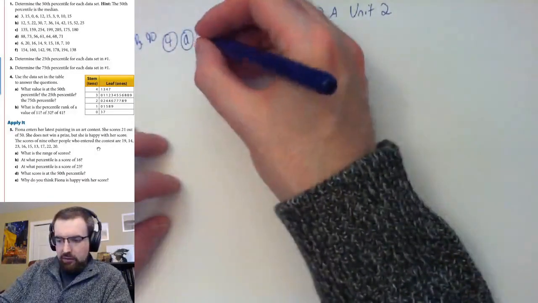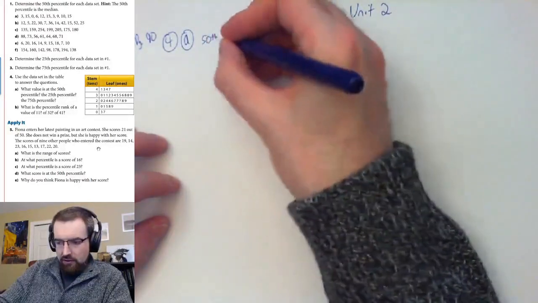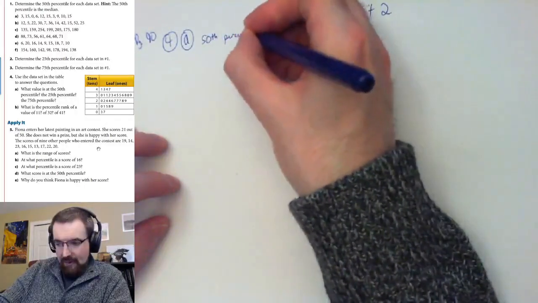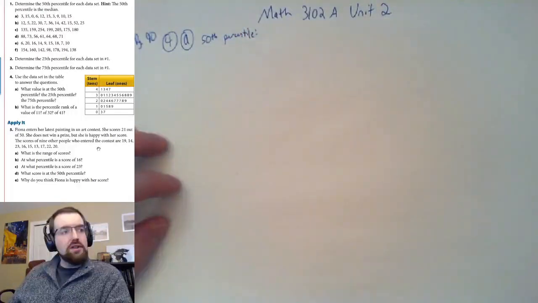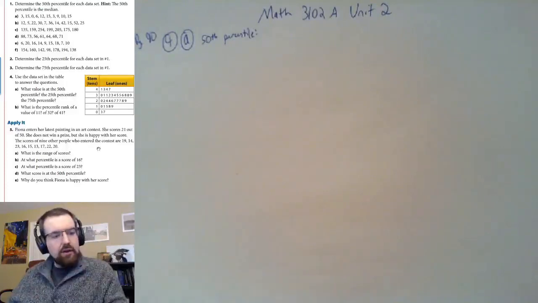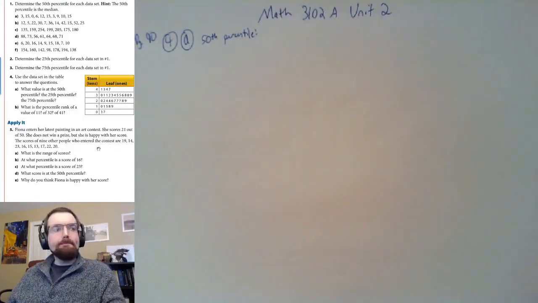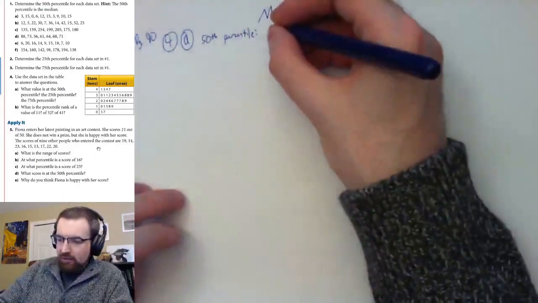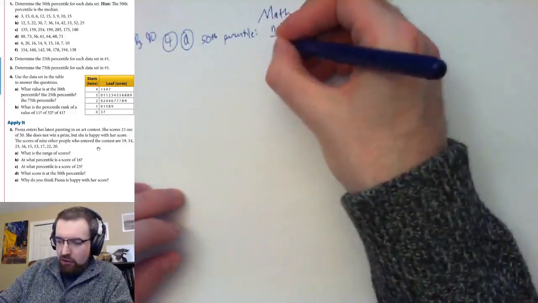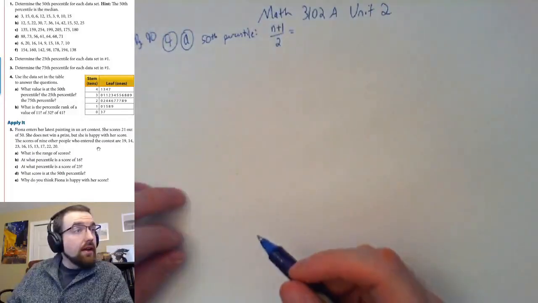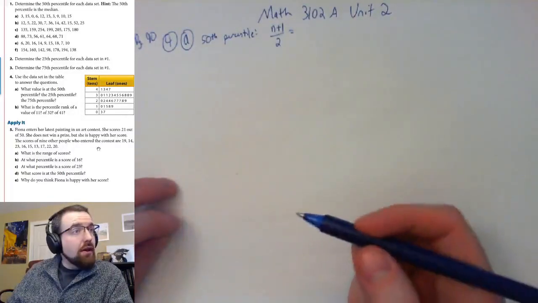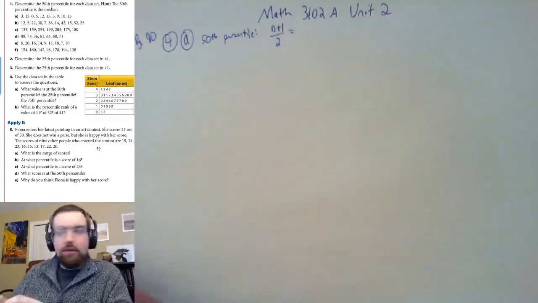Okay, so let's do 50th first. 50th percentile. Well, which of the numbers is that going to be? That's going to be n plus 1 over 2, where n is how many data points are in set 1. Oh, they don't tell us. Well, that's annoying.